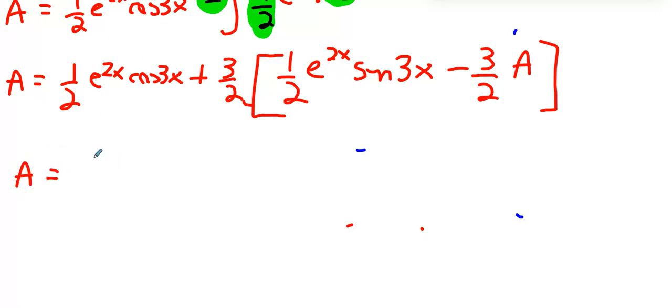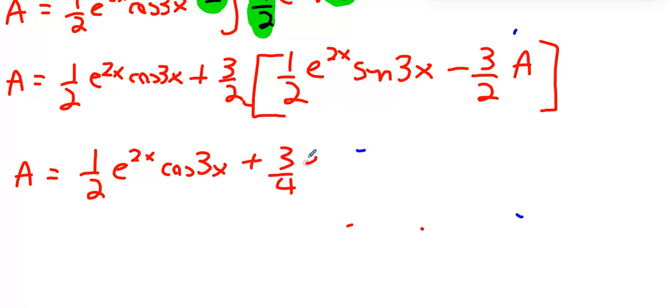So A equals a half e to 2x cos 3x, plus 3 halves by a half is 3 quarters e to 2x sine 3x. And then 3 over 2 by another 3 over 2 is minus 9 over 4A.